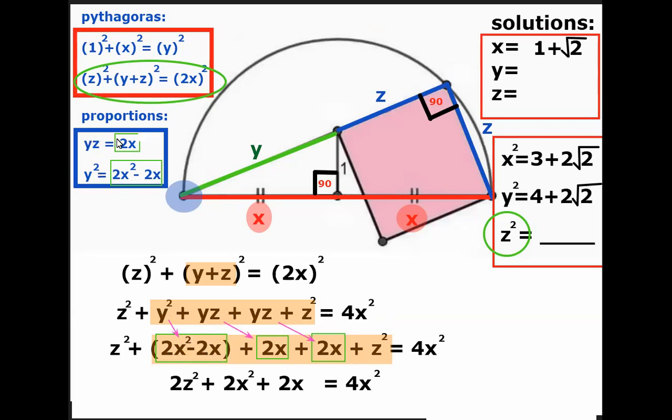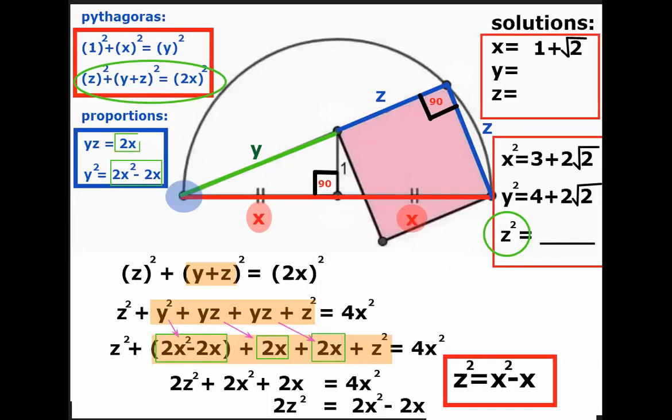As I said, yz equals 2x. And then these cancel. Cleaning up, we get 2z squared plus 2x squared plus 2x equals 4x squared. Subtract 2x squared from both sides, subtract 2x. We get 2z squared equals 2x squared minus 2x. Divide by 2, and z squared is precisely x squared minus x.